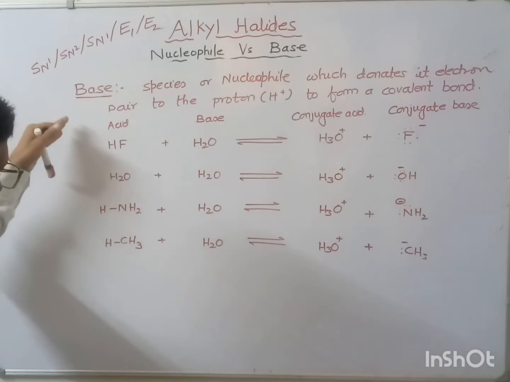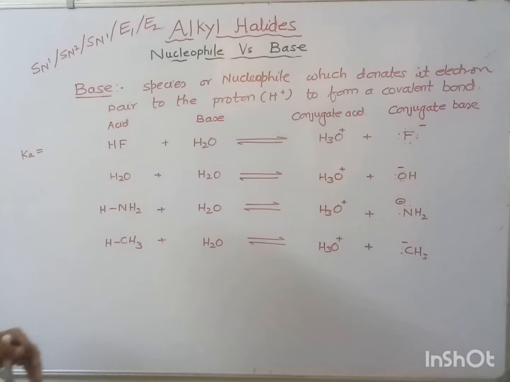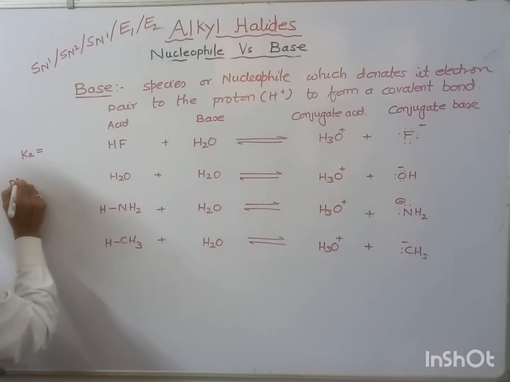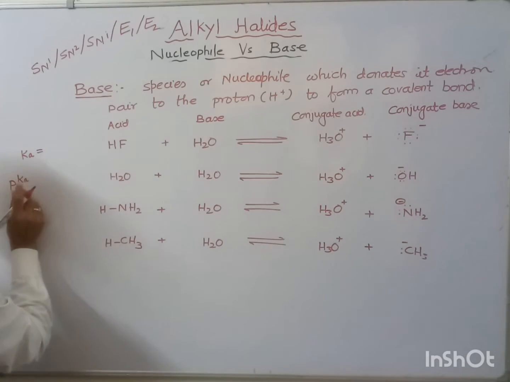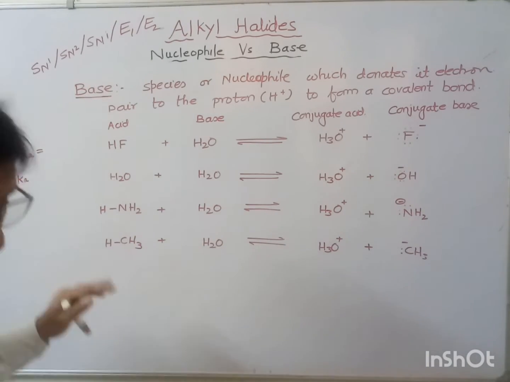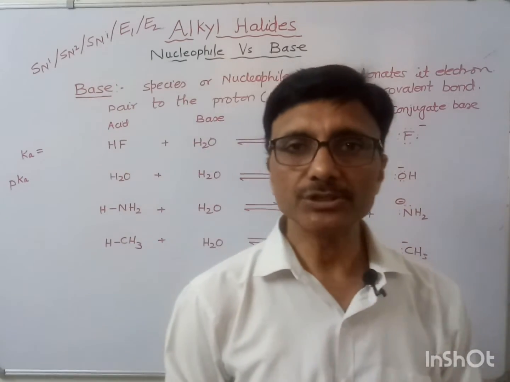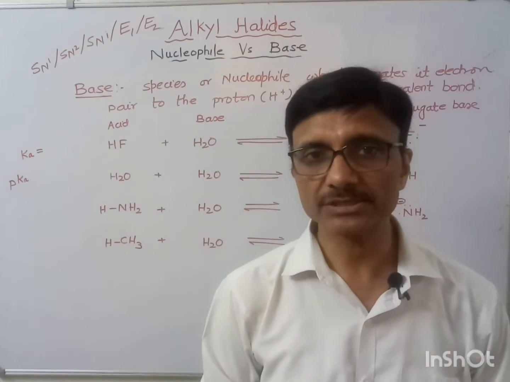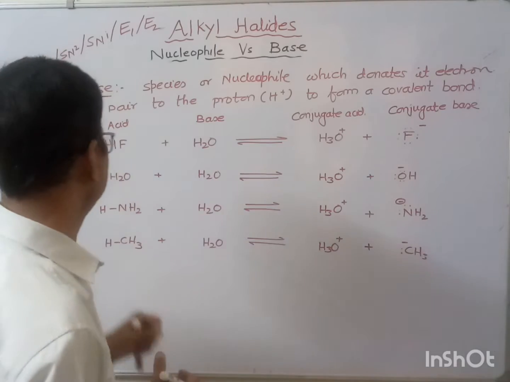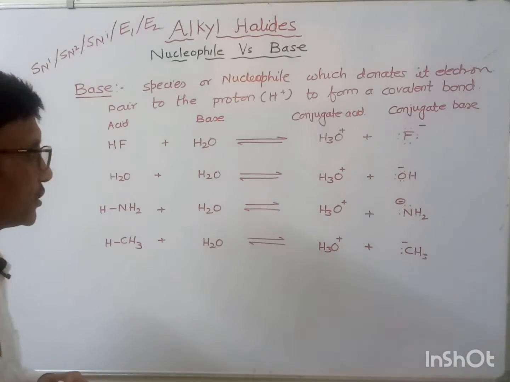For all these reactions we can determine the value of Ka, or indirectly the value of pKa, and pKa tells about the relative strength of acid and base. So the relative strength of acid and base can be determined with the help of the pKa chart.